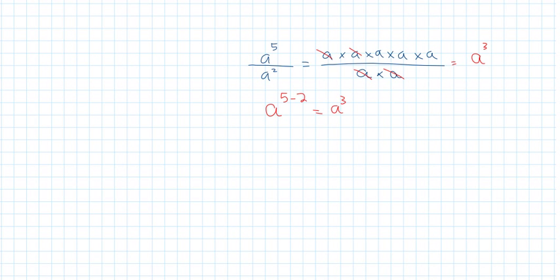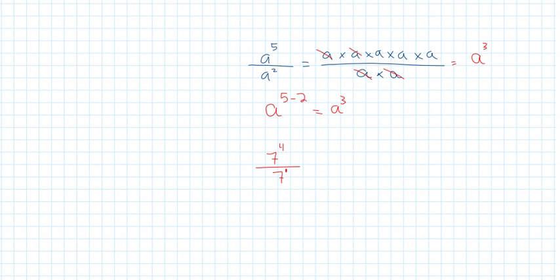Let's look at another example. If I have 7 to the power of 4 over 7, what's the power on that 7 at the bottom? That's the power of 1. It has an invisible 1 on top of it.